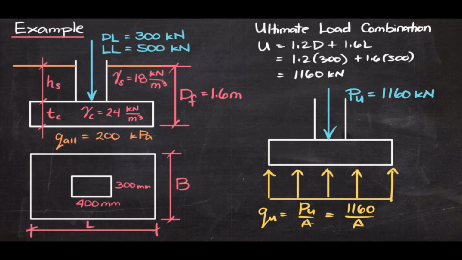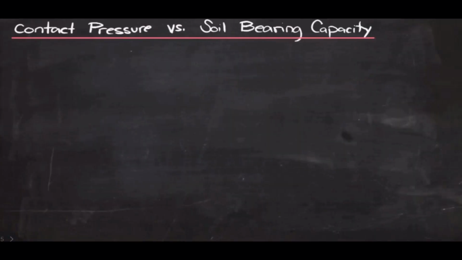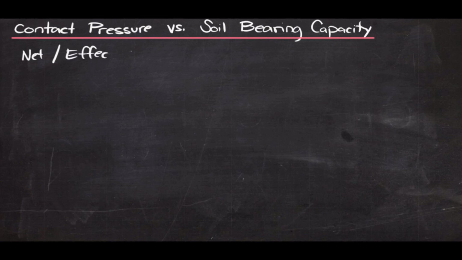After getting the load combinations that we will be using, the first thing that we need to do is to check the contact pressure versus the soil-bearing capacity. Now, the method that we use here in the Philippines is the net, or actually the effective soil-bearing capacity method.